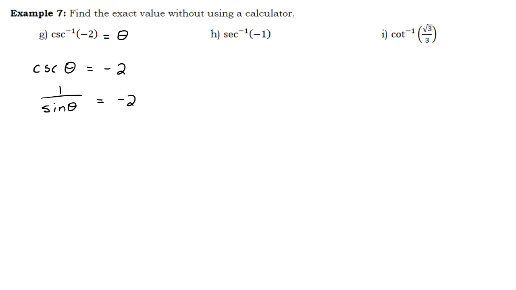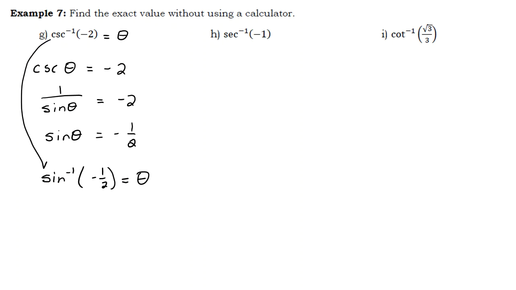All right, so if we just take the reciprocal of both sides of this, that tells us the sine of that angle is -half. So really we can change this question into the inverse sine of -half equals our answer. That's going to be the same answer.